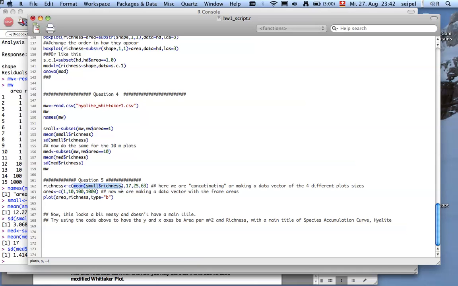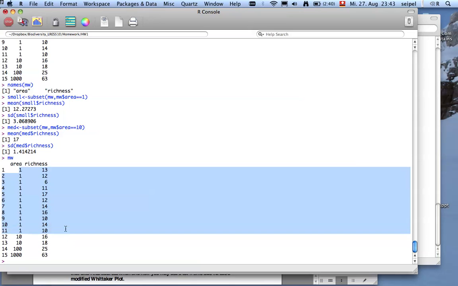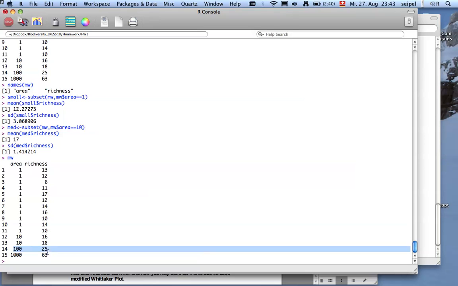First I'm going to take the mean here, and then we know the mean of the larger sizes, and we can see that simply by calling up the data here, the modified Whittaker. You can see there's the richness, and there's 1 for each one of those. We calculated this mean, we calculated this mean, and now we need to add in these bits right here.